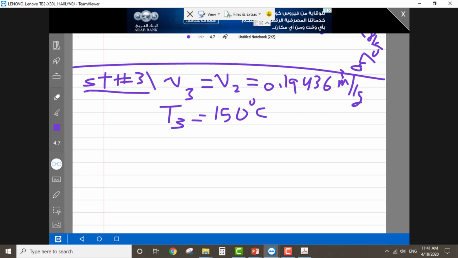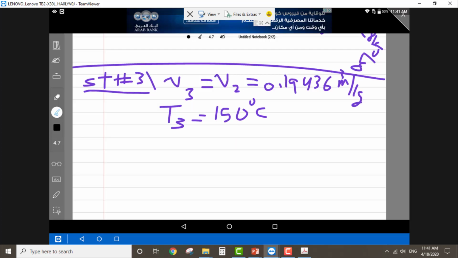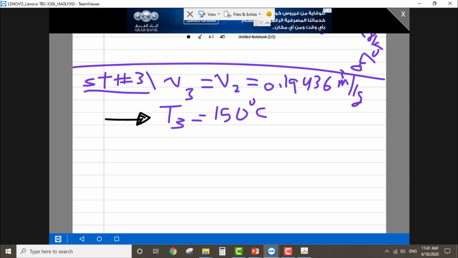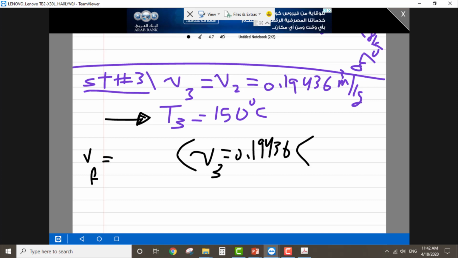We'll go to the temperature table, saturated temperature table, and we'll compare our value V3, which is 0.19436, with Vf and Vg. So we'll ask ourselves, is this value between Vf and Vg from those tables?